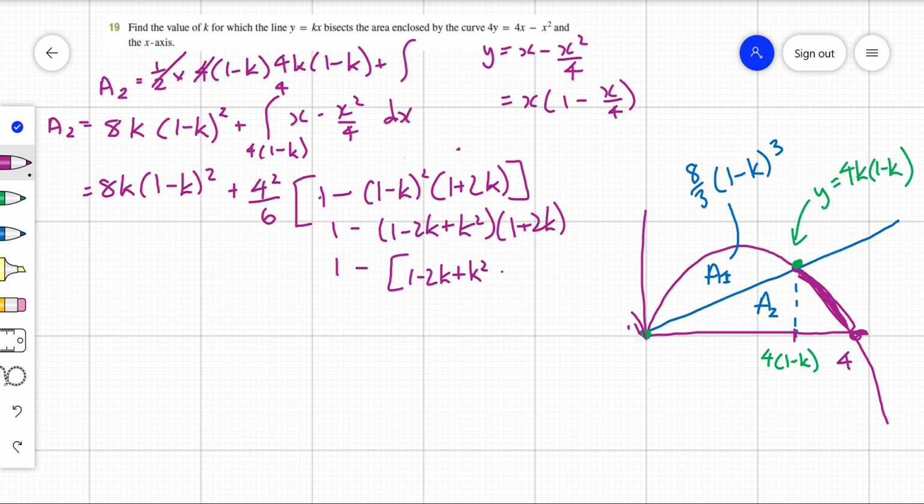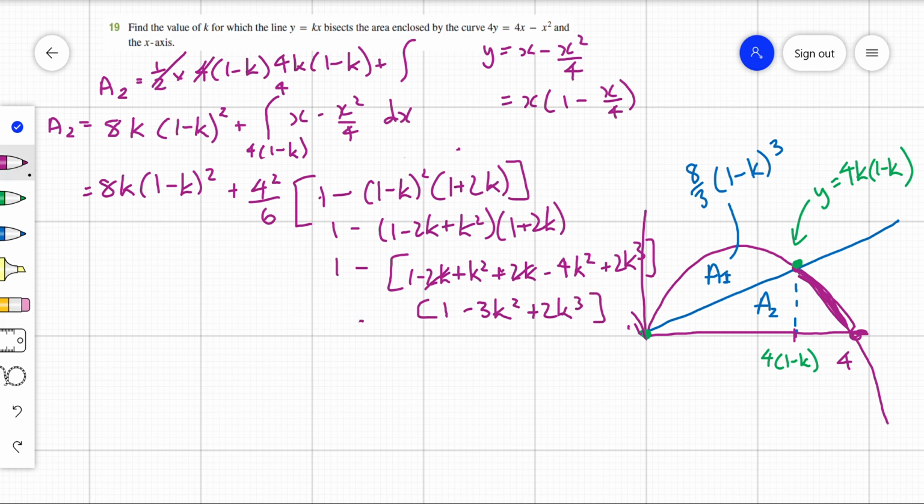When I times them all by 1, and when I times them all by 2k, 2k minus 4k squared plus 2k cubed. So at least the 1 minus 1 cancels, but then I'm left with 2k. So the minus 2k and the 2k cancel. So in this bracket, I better do this bracket first. I get 1k minus 3k squared plus 2k cubed.